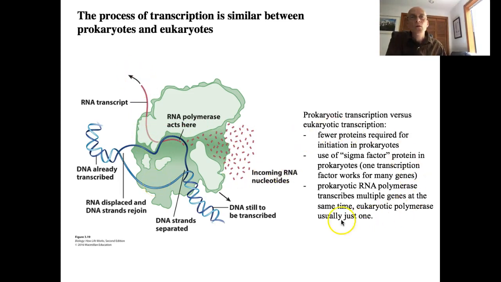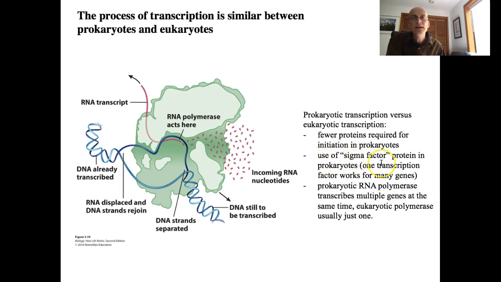But the differences that you can find between prokaryotes and eukaryotes in transcription is that prokaryotes require fewer proteins for initiation. So all those transcription factors that I showed you, there are some factors that are required for transcription, but in general, fewer.